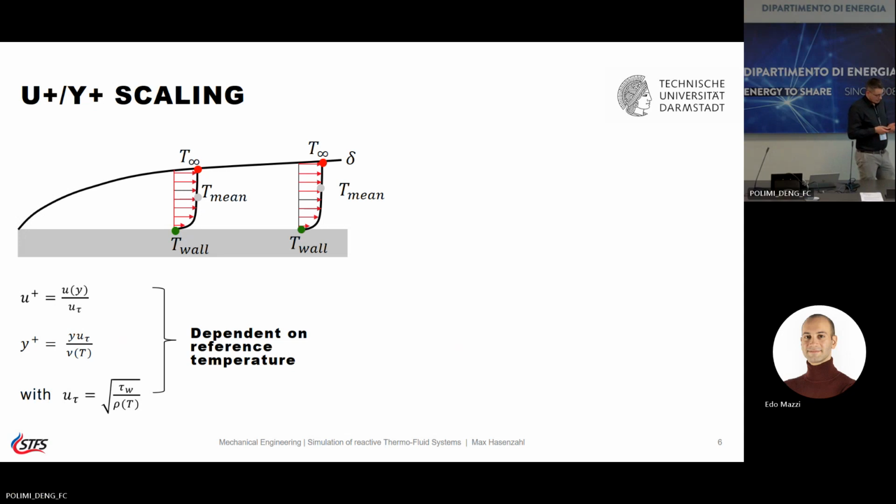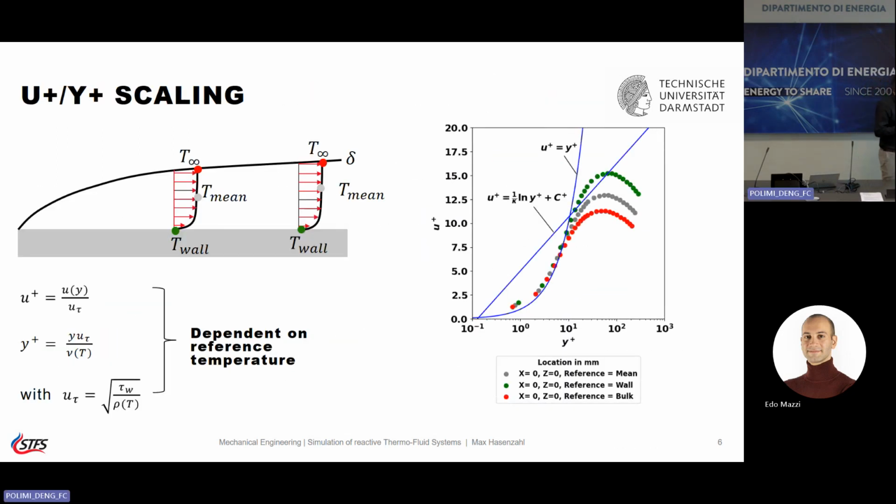And it becomes quite important that you keep this scaling consistent, because if you look at this, here what I did, I just plotted this U plus Y plus scaling from the experiment using different temperatures. So the bulk temperature, the mean temperature, which is just the value in between, and the wall temperature, and you can see this U plus Y plus plot is actually quite sensitive to this.